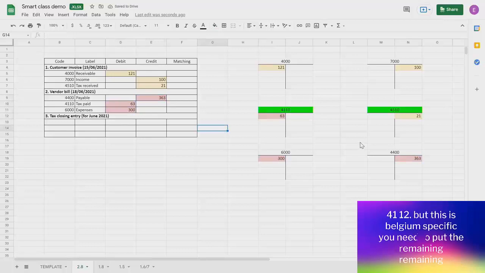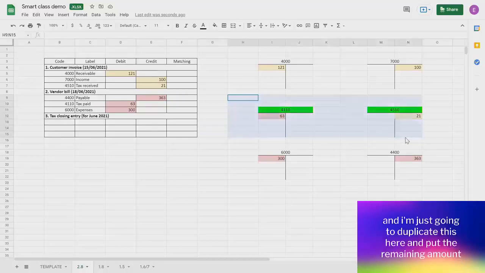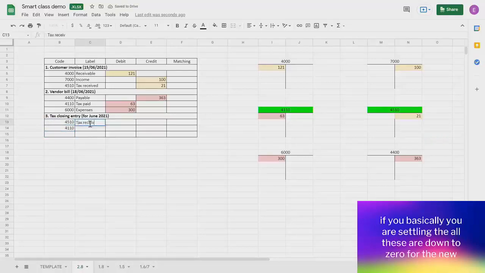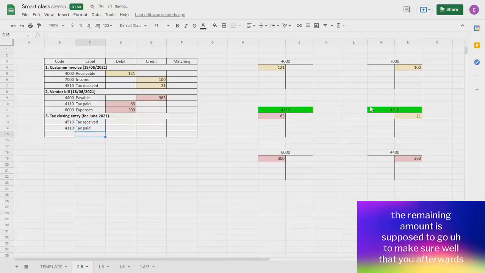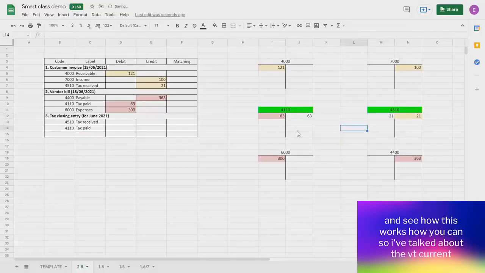This one is tax received and this one is tax paid, and we need to settle the accounts. So we do the contrary, the same amount but on the opposite side, for the tax paid account and here the tax received account, so that the balance is down to zero. That's the most important thing. Of course, if we do this, on the tax paid we're going to have 21 here and on tax received, we're going to have 63.